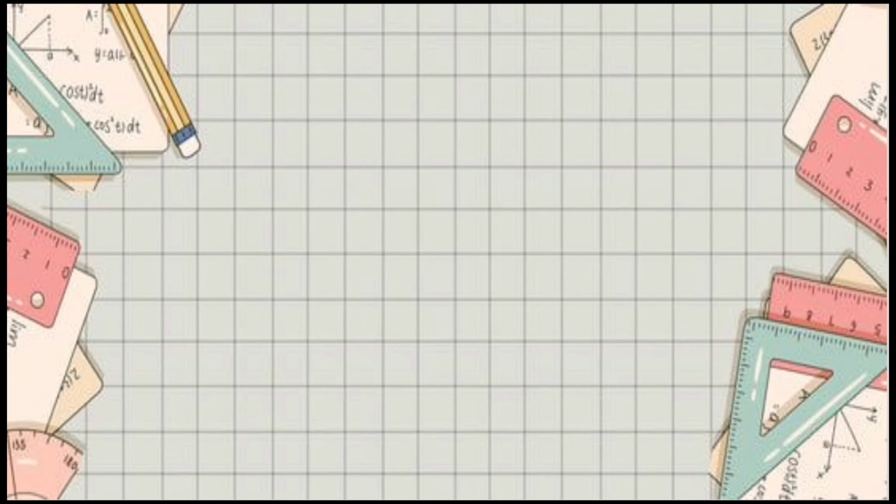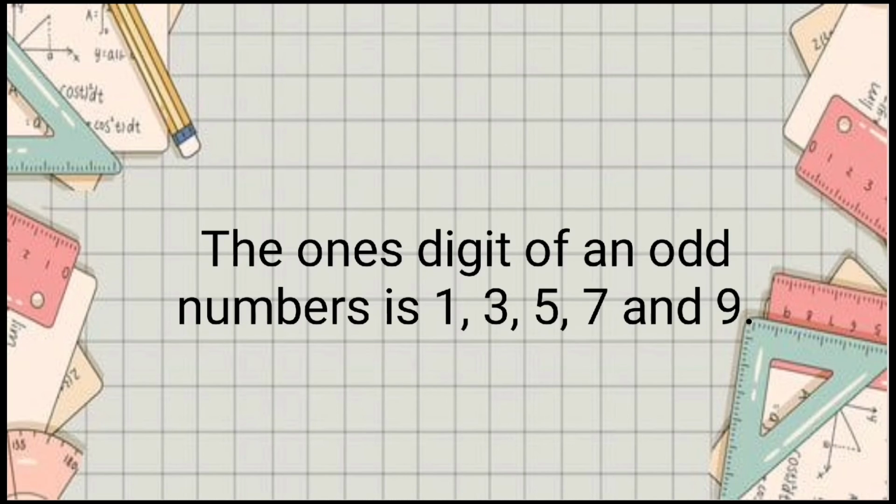And then for the next one, the ones digit of an odd number is 1, 3, 5, 7, and 9. I have here an example, 21. 21 is an odd number because 21 ends with 1. And then 23 ends with 3. 25 ends with 5. 27 ends with 7.